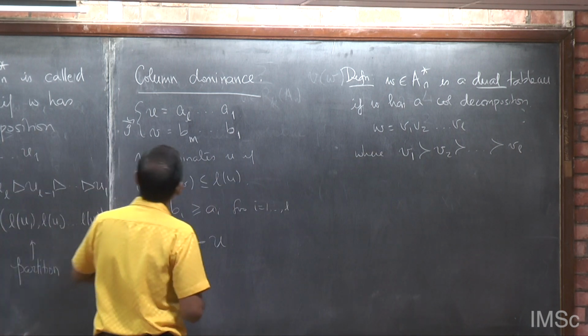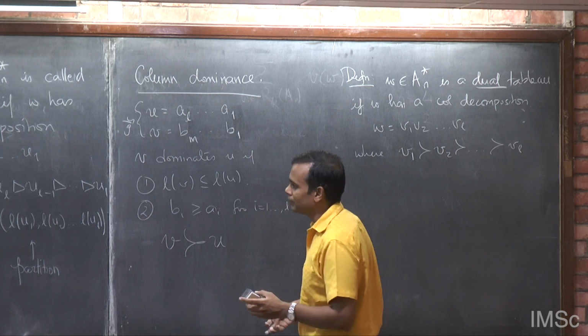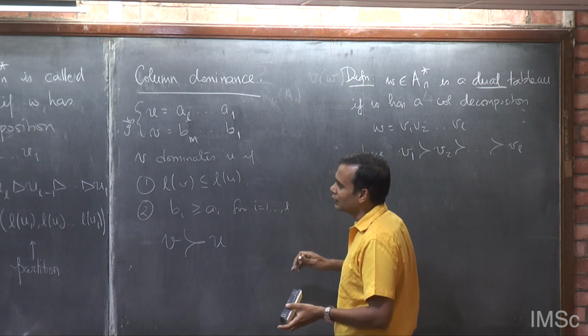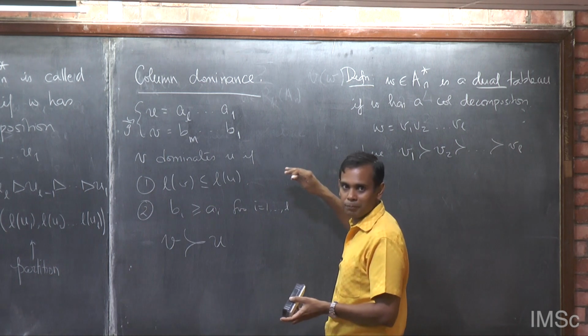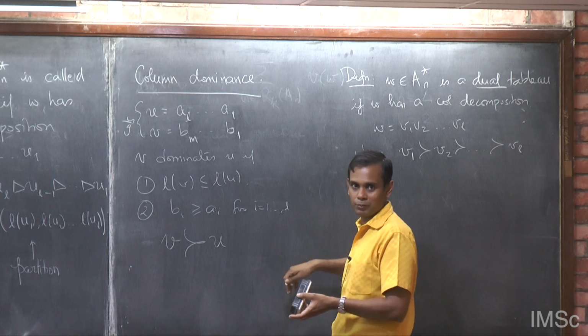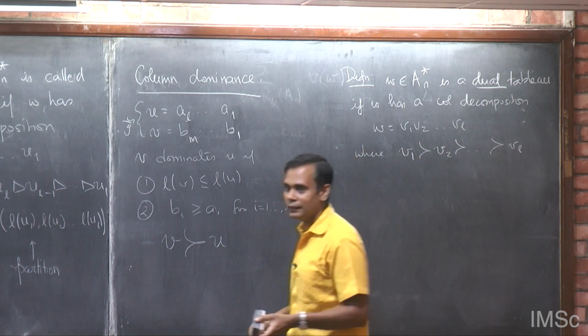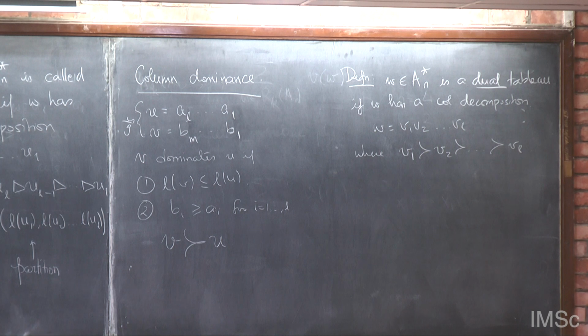Usually you write columns from bottom to top. If you're French, you write them from top to bottom. So if you take this word W, what is its column decomposition? Its column decomposition is 4 2 1, 5 1, and 6 3 6 6.